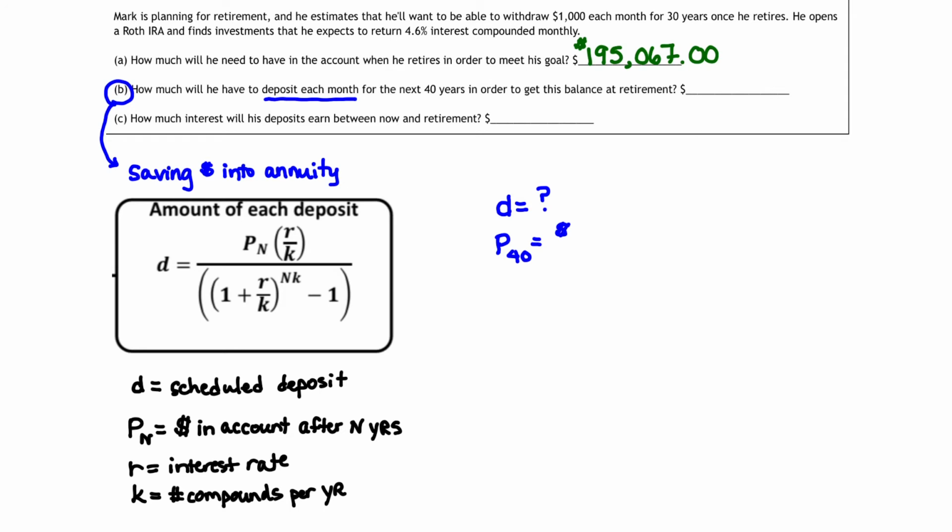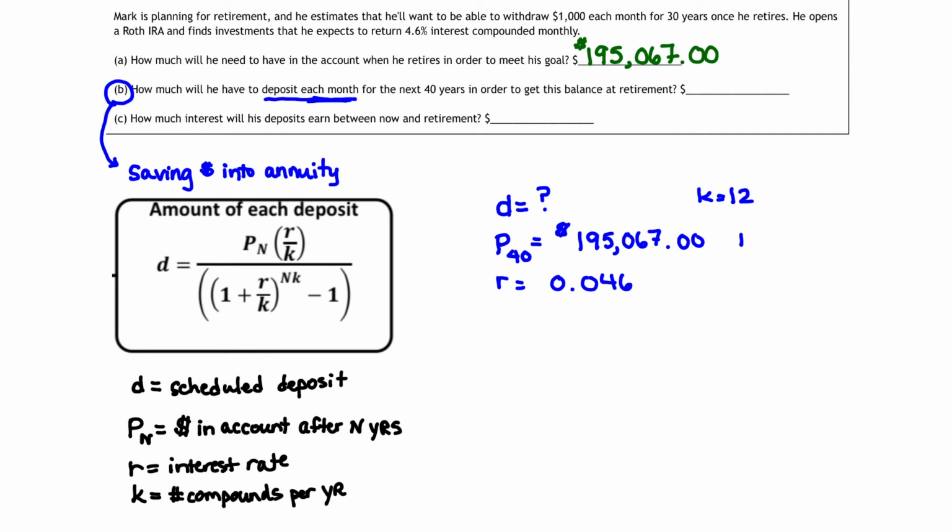And he will need $195,067 in his account. So P sub 40 is that number. R is our interest rate, and the interest rate is still the same. It's 0.046. And K is the compounds per year. Because we're depositing each month, K is going to be 12 because there's 12 months in a year.